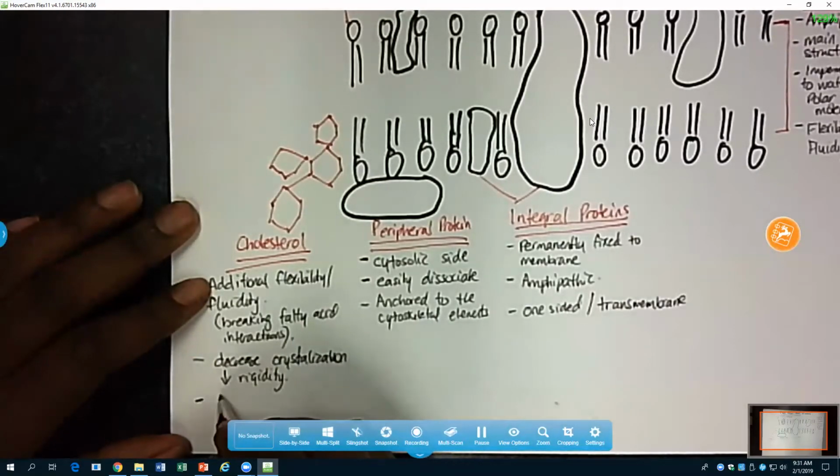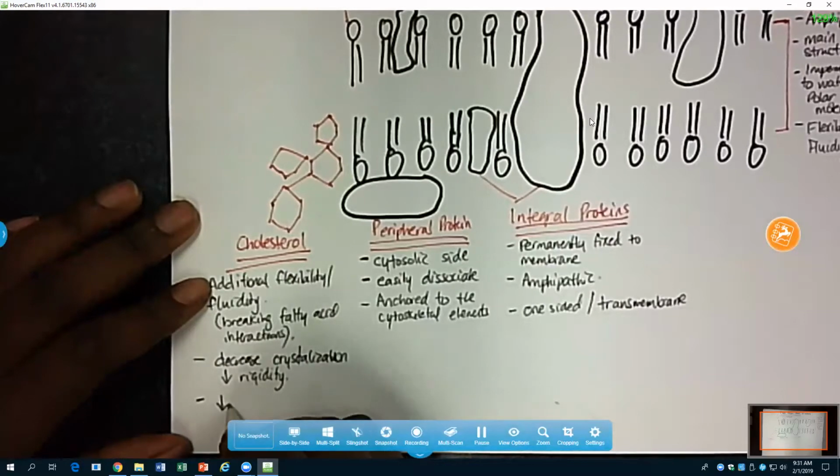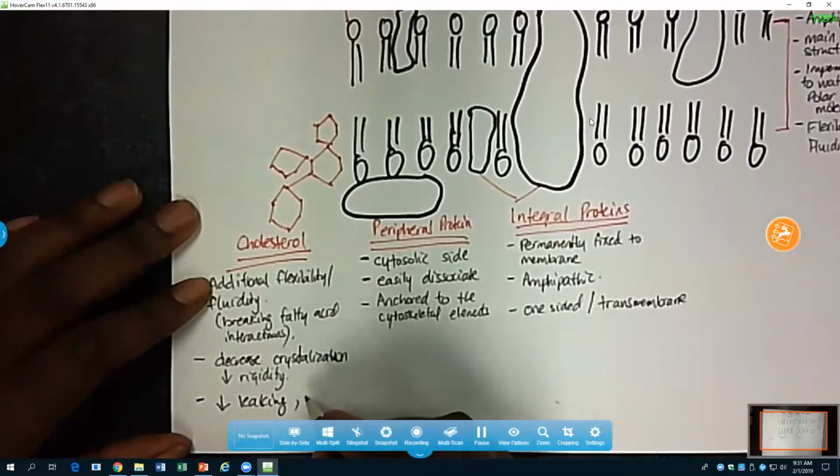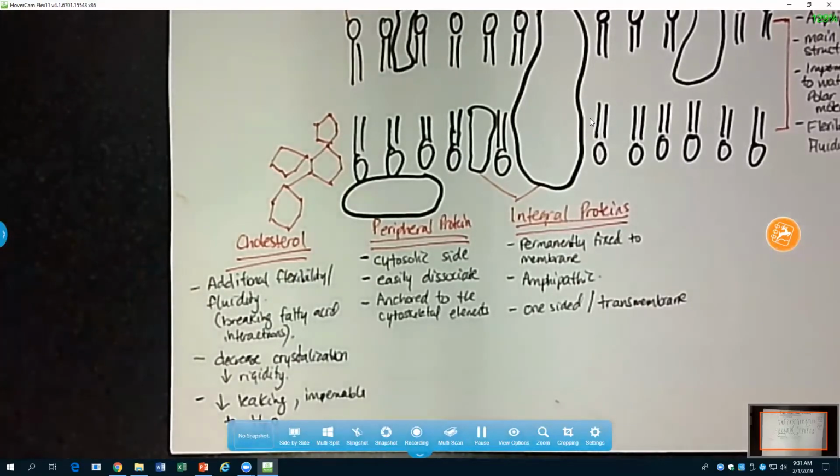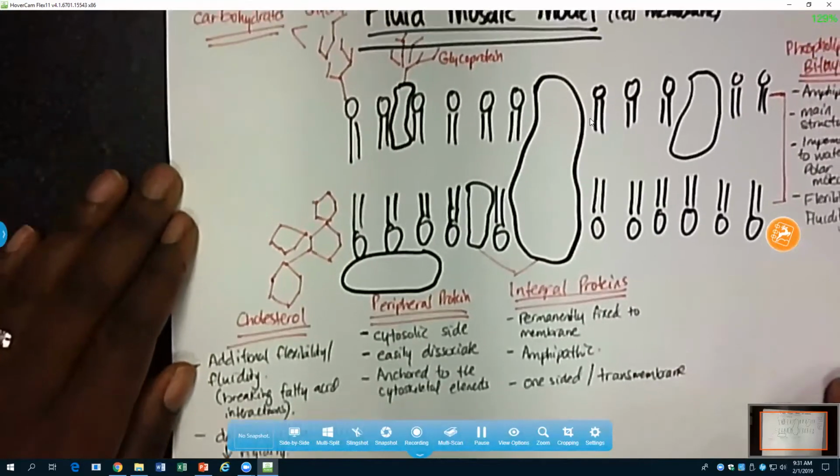Okay, so we're going to say decrease leaking, right, or impermeable to water. And these are some of the features that cholesterol offers to the cell membrane.